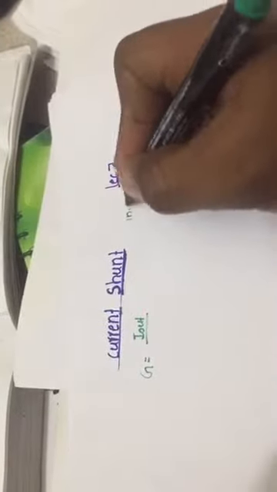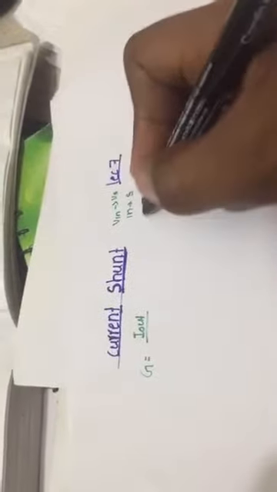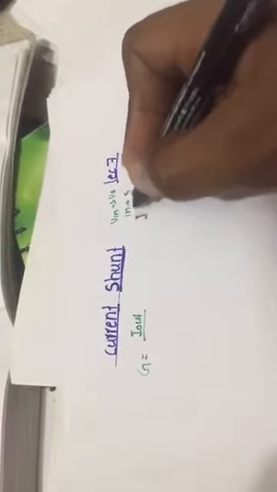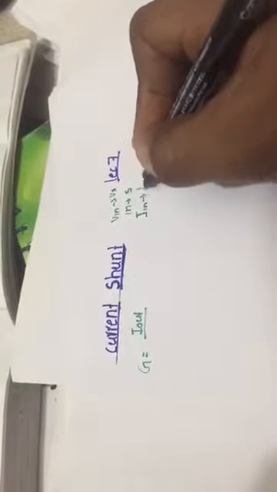It was I output divided by I input. Instead of input, today we use S. If it was V in, it will become Vs. If it was I in, it will become Is. So divided by Is.